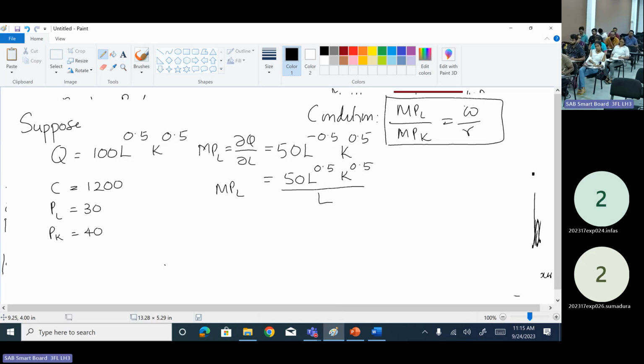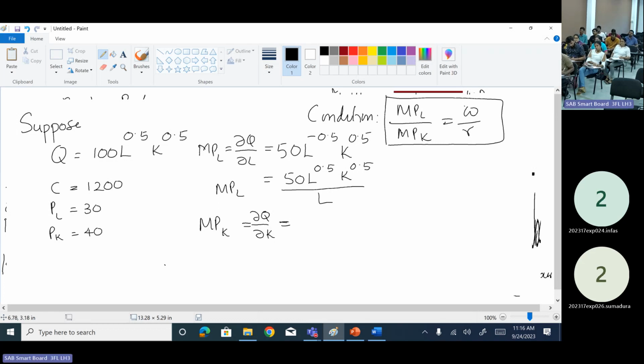In the same way you can take the marginal productivity of capital, the partial derivative of Q with respect to K. That means we take the first order differentiation of the production function in terms of capital.